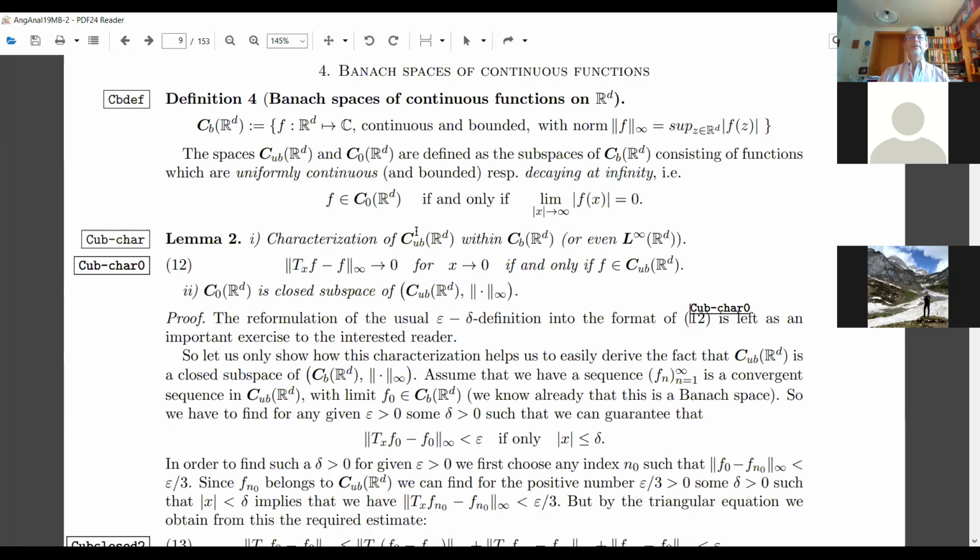Okay, the next statement is lemma 2, number 2. C0 is a closed subspace of the uniformly bounded continuous functions. So this has two statements built in. One, of course, is that it is inside first.